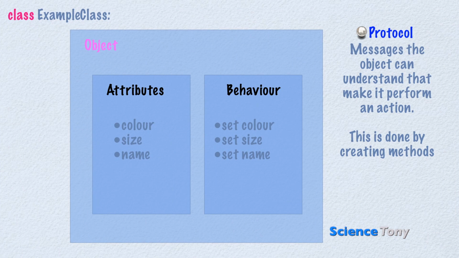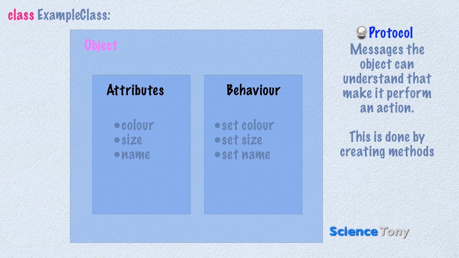So far we have a class which uses the init magic method to construct an object. This object has some attributes which are color, size, and name. The behavior of the object so far is that it will set the color and you can show the object. In order to get it to perform these actions, we have to send it messages.